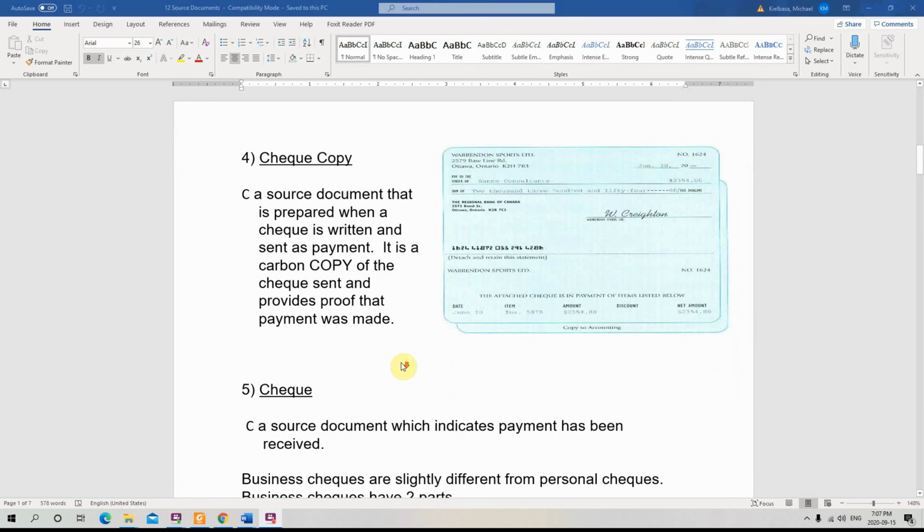Now, another source document is a check, because debtors are going to send checks to us, and basically those checks we're going to use to indicate the fact that payment has been received, right?